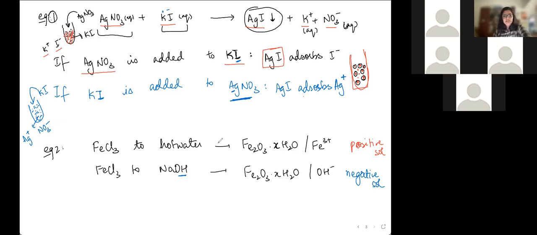So Fe2O3 in hot water, meaning you would have H plus and OH minus, is going to adsorb ions. And if we add it to NaOH, because there are some extra OH minus ions, it's going to adsorb the OH minus ions preferentially, because it's a hydrated oxide.